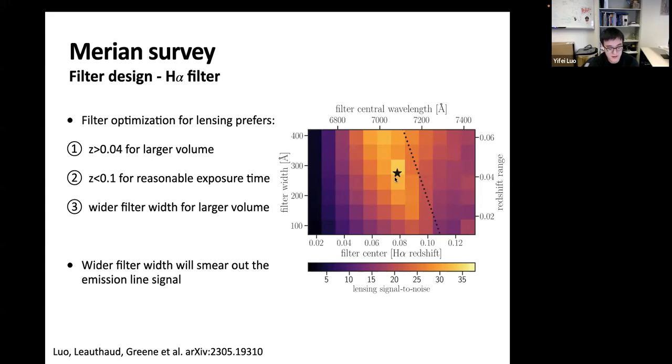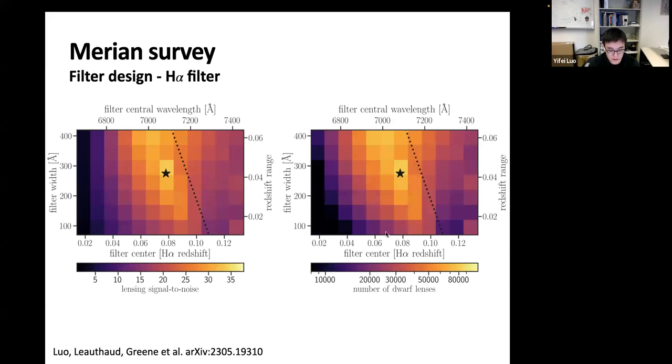So this is the sweet spot for the Merian survey to detect those dwarf galaxies and measure their weak lensing signal. Okay, and here I also show you the number of dwarf lenses. As I mentioned before, the weak lensing signal to noise depends on the number of lenses. So you see this design also has the most dwarf lenses to stack.